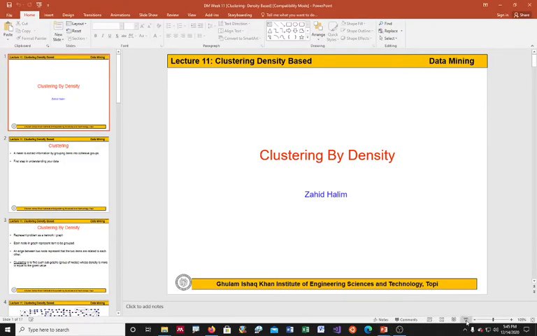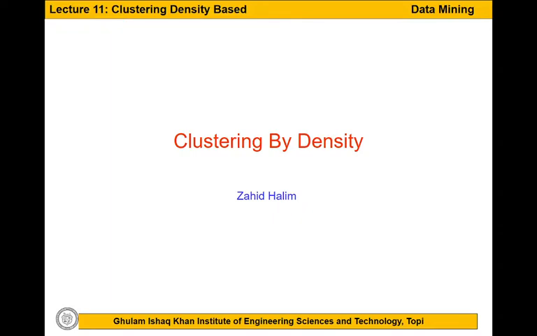Okay, the clustering algorithm which we did the last time was the k-means clustering algorithm, and we also covered the k-medoids clustering algorithm, right?